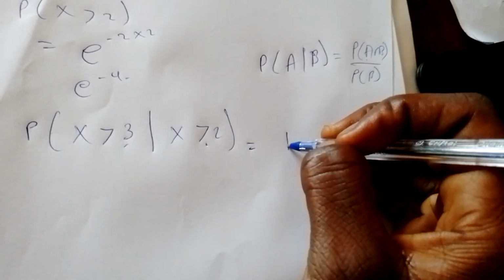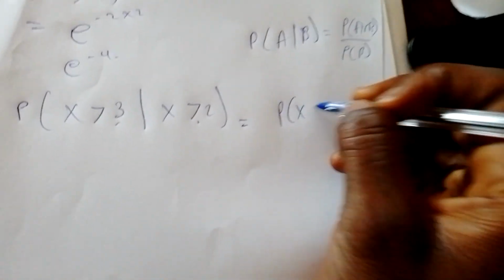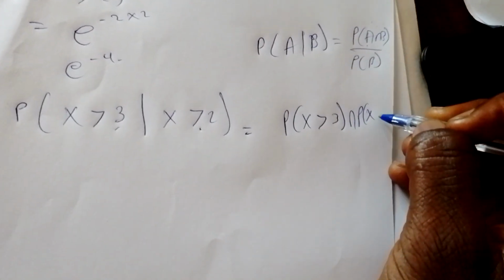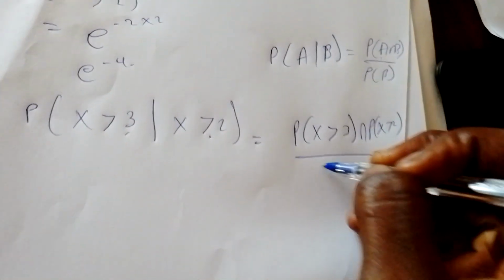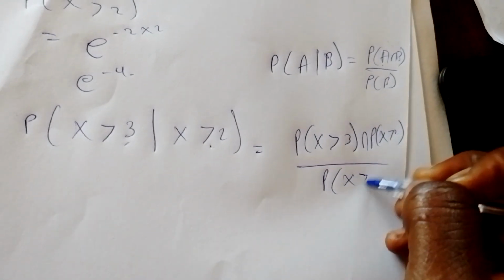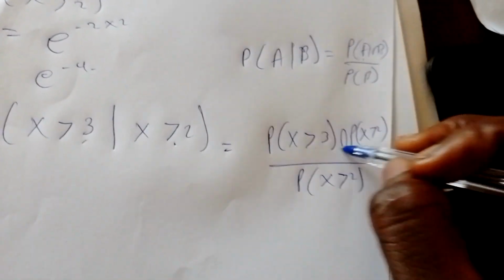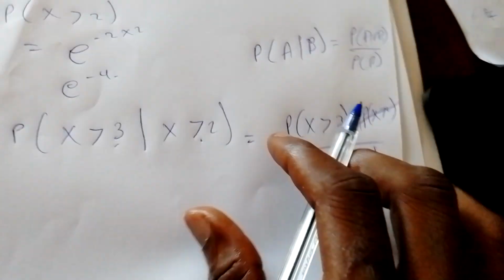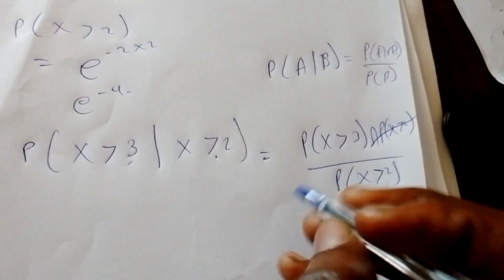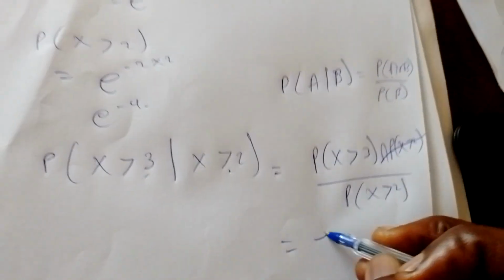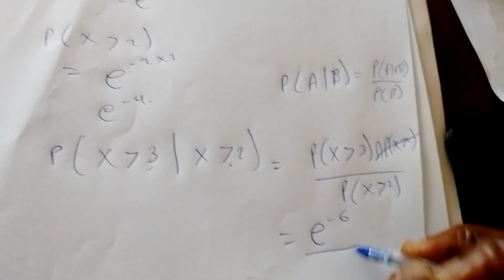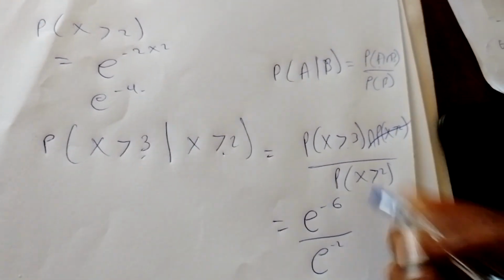Let me write it down so it doesn't confuse anyone: probability of x greater than 3 intersection x greater than 2, all over probability of x greater than 2. Now if x is greater than 3, then it's definitely greater than 2, so this intersection does not change anything. So we have e power negative 6 divided by e power negative 2.